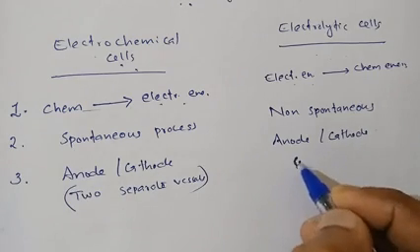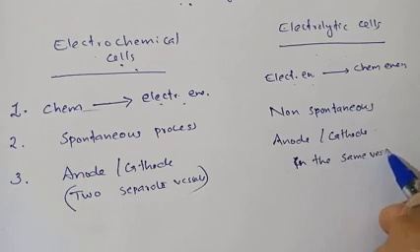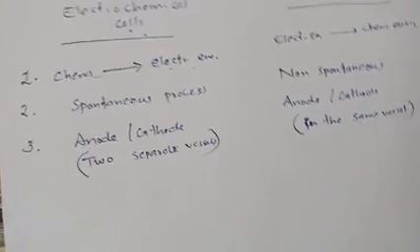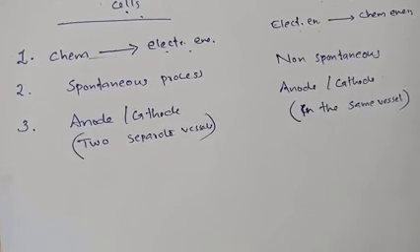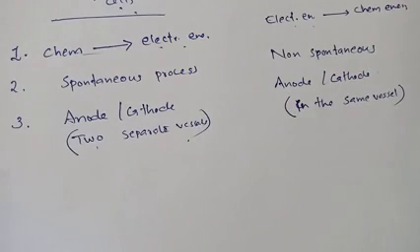Here, it takes place in the same vessel or same area. During the discussion you can easily understand why it happens like this. So anode and cathode in two separate vessels. Here anode and cathode in the same vessel. This is the third difference.